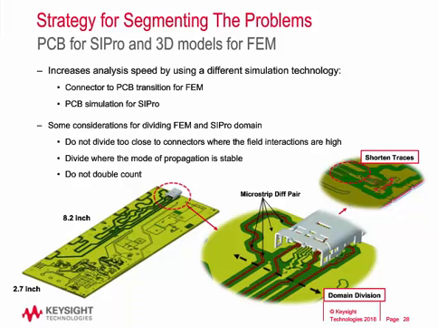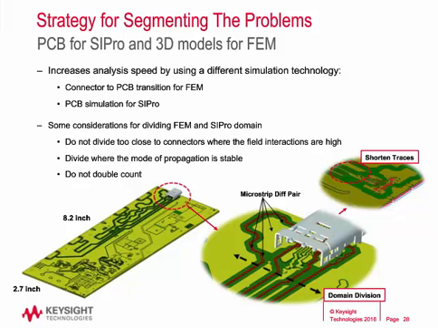Third, do not add double counts. Some portion that goes into the 3D EM tool should be removed in the PCB tool. Otherwise, we will be calculating some portion of the design twice from these two tools.